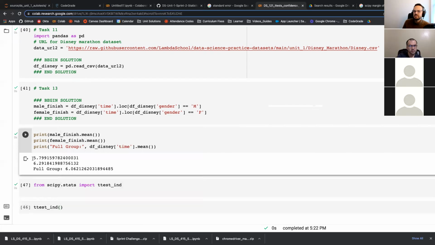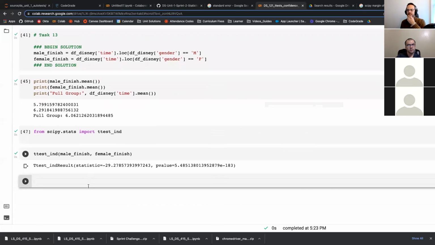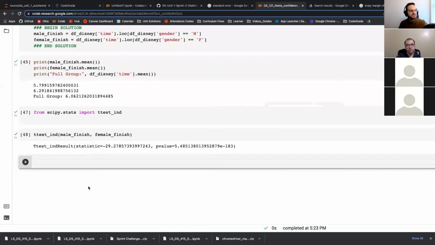Now we're looking at this and we can already see that they don't seem to have the same mean. So let's see just how different this is. Female finish. And this is where things get a little bit interesting.